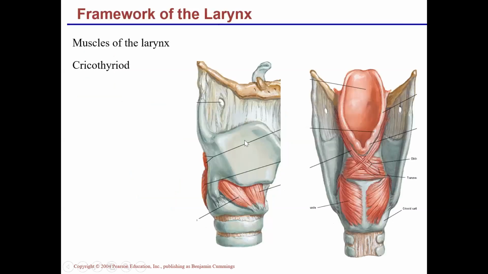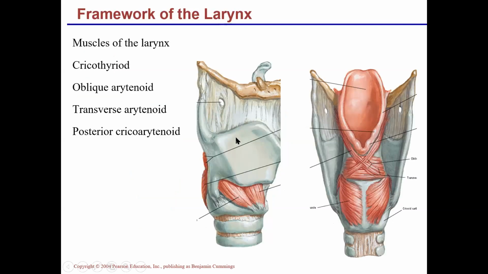So here I'm giving you 4 important muscles you need to know. Okay, so again, this one is the lateral view, this one is a posterior view. Let's see from the anterior side here. This is a cricoid cartilage right here, right?